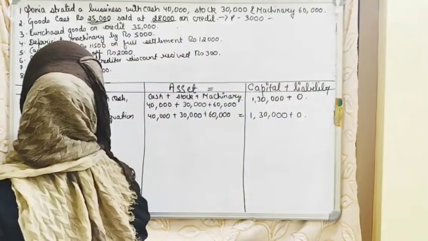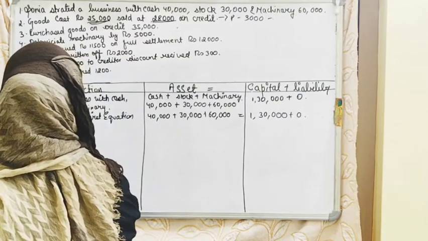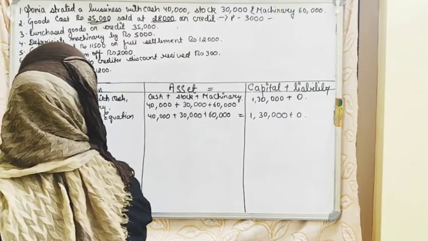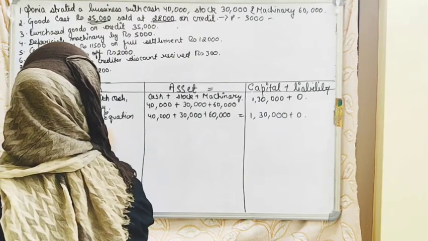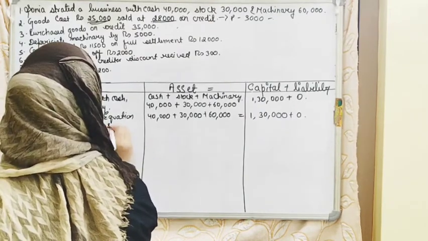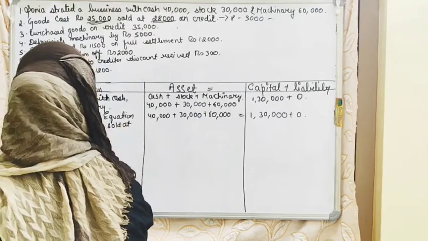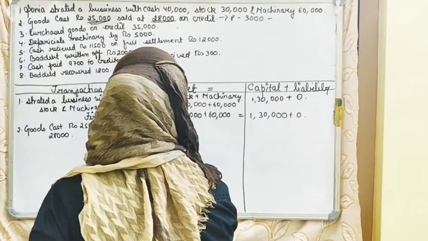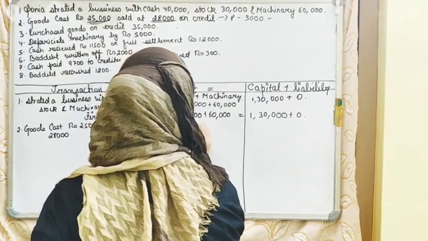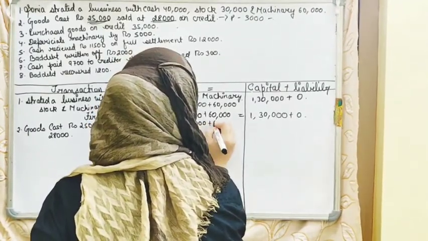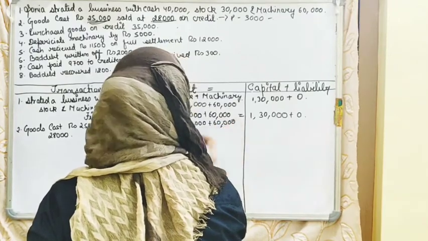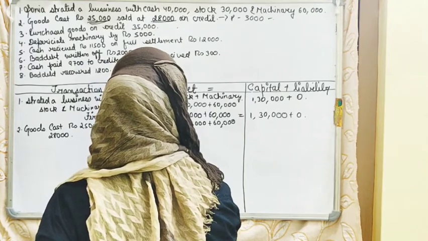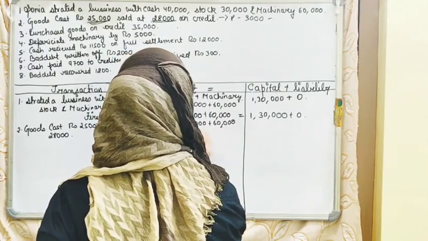We write number 2, that is, goods costing rupees 25,000 sold at 28,000. Then 40,000 plus 30,000 plus 60,000 minus 25,000 plus 28,000.